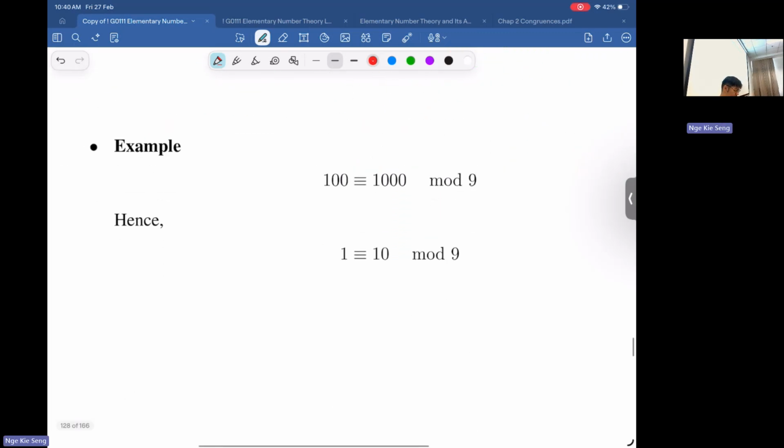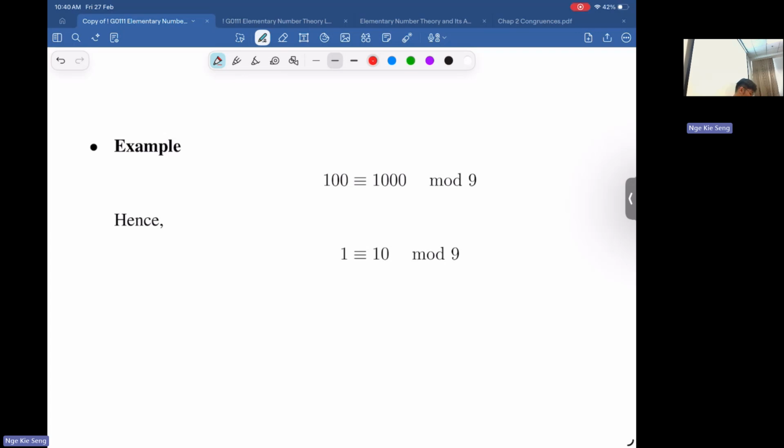All right, for example, this example here. Yeah, this example is good. 100 is congruent to 1000 mod 9, implying 1 is congruent to 10 mod 9. Why is it true? The C is 100 here, right?